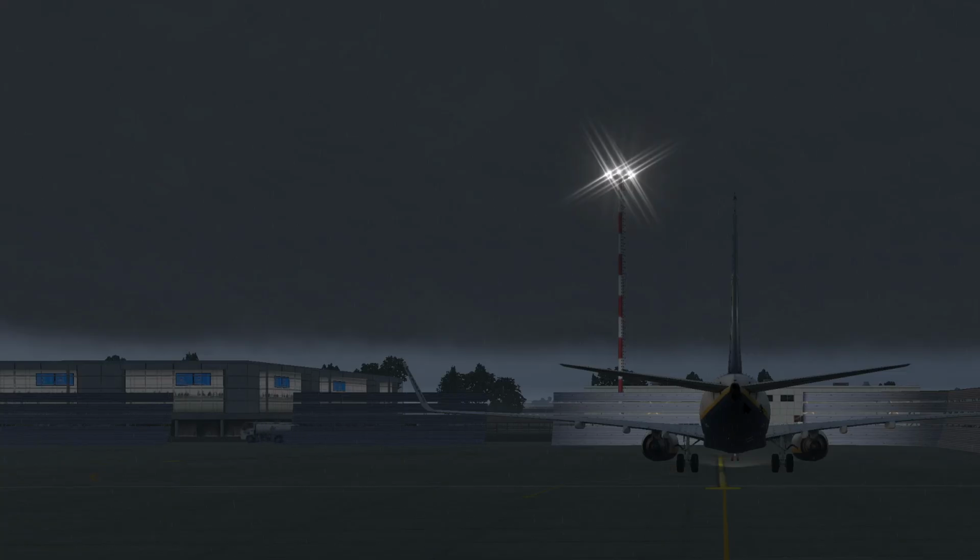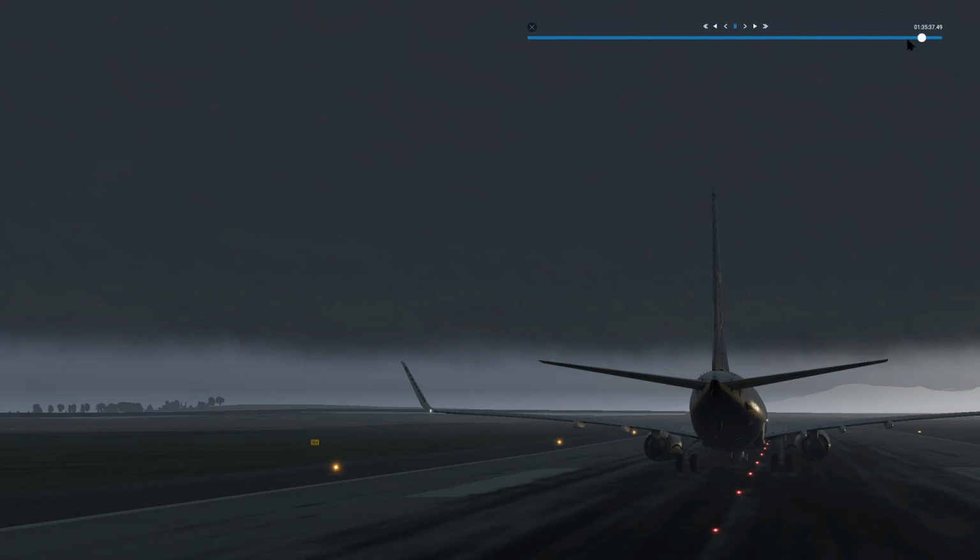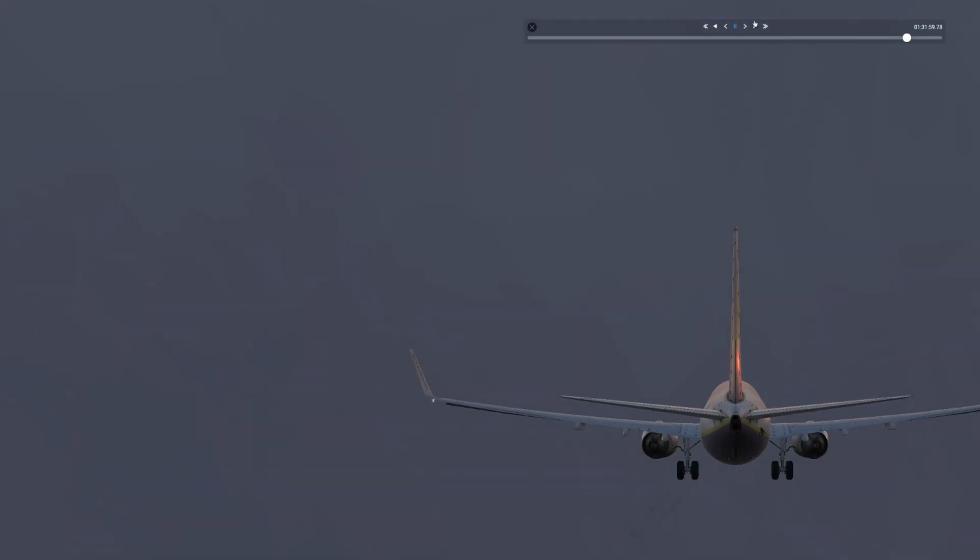APU gen on, and we can select engines off.